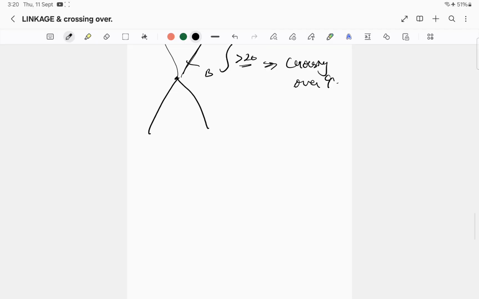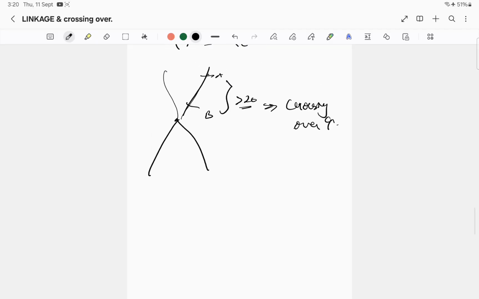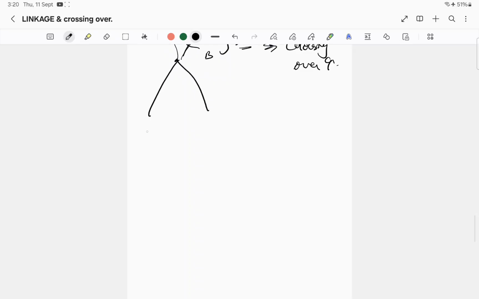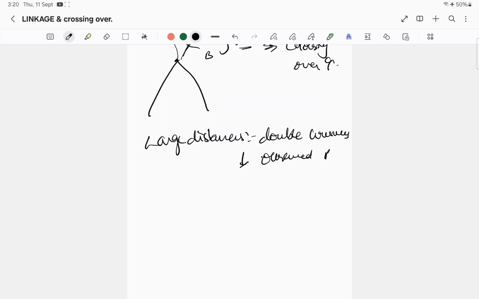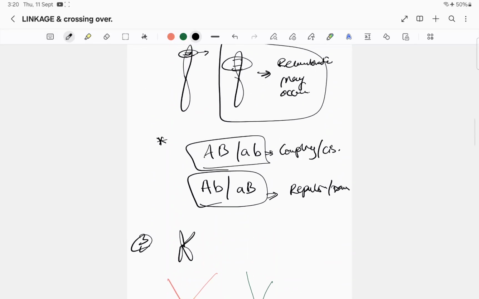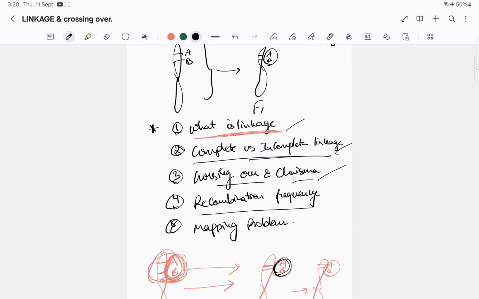So the observed recombination frequency underestimates the true distance. This large distance leads to double crossovers, which reduces the observed recombination frequency, right?